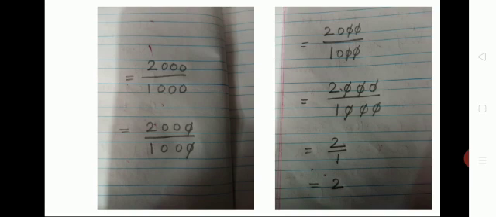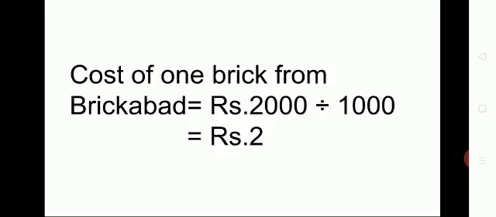And then one more 0 was there, 10 in the numerator and 10 in the denominator, you cancel. So we cancelled all the zeros. At last, what answer do you get? 2 by 1. That means you write 2. So how much is one brick? Rupees 2.